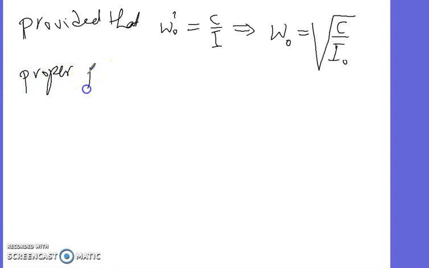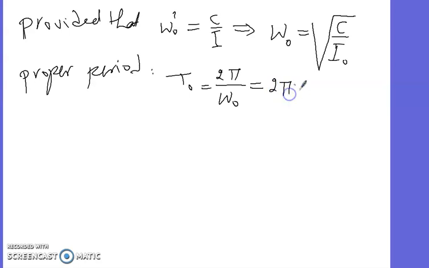Proper or natural period is what? T0 equal, as we know, 2 pi over omega 0. And then you get 2 pi radical I over C. It's not necessary here to write I0. I is enough. Don't forget that I represent the moment of inertia of the system. Be careful. Clear?